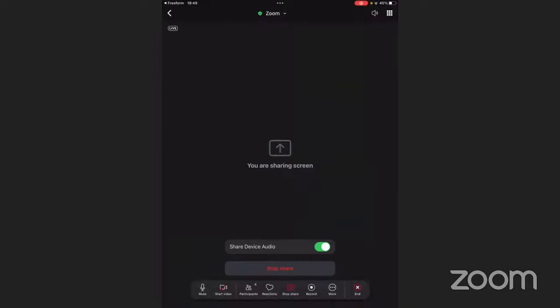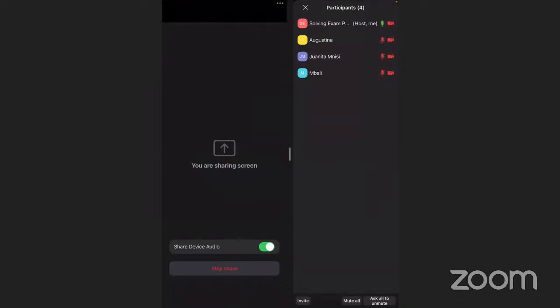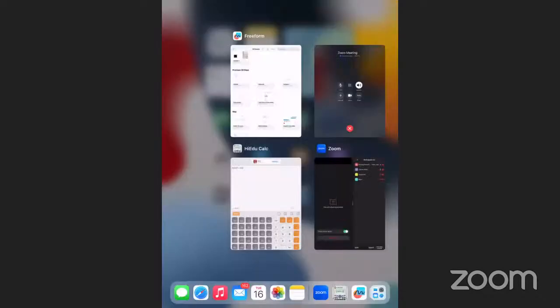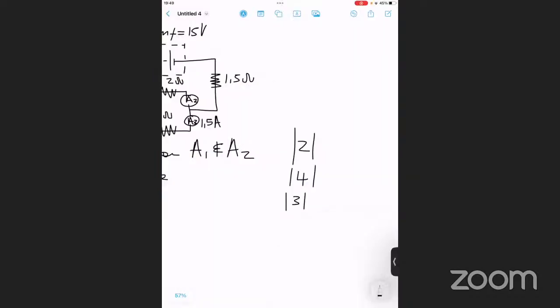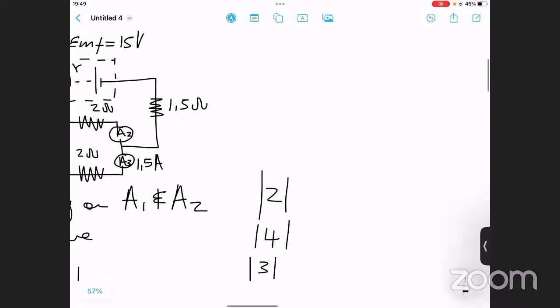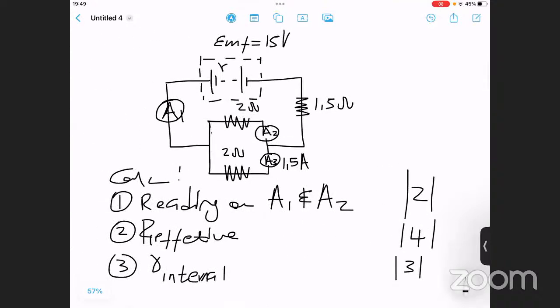It's no longer rotating. Guys, did you get the question? Yes, sir. Did you take a screenshot? Yes, sir. Okay, then it's fine.